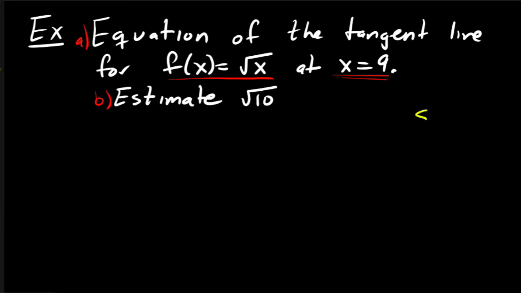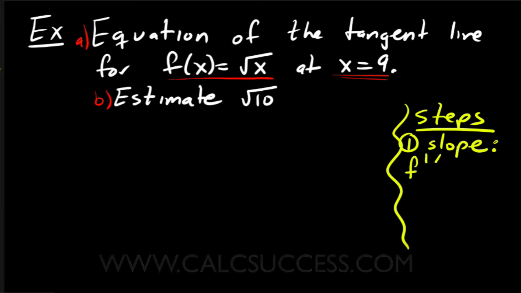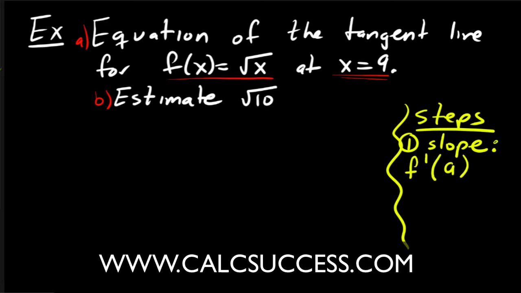So to find the tangent line, I'm going to write down the steps right here. The first thing you do is find the slope. And to find the slope, you're going to find the derivative at whatever point you need.